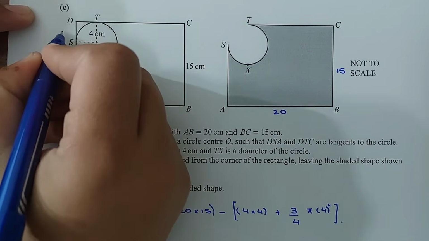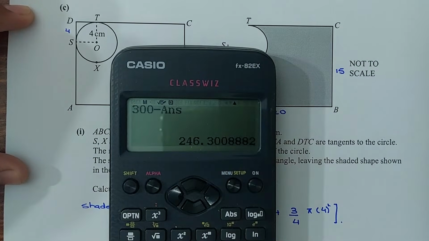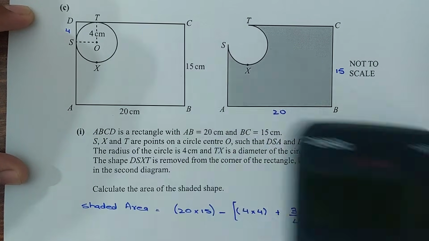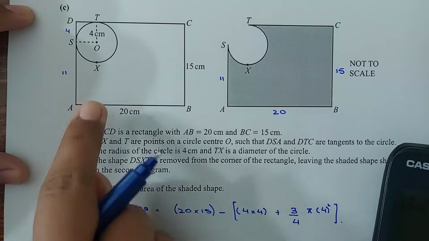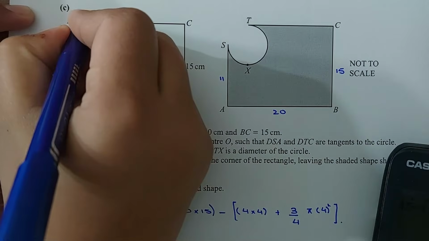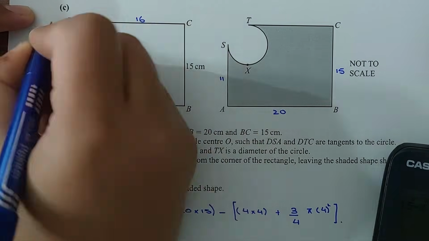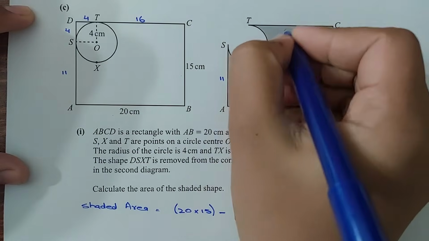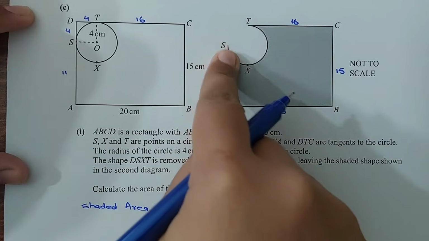So this is 4 and this is something to make 15, so 15 take away 4 is 11. This side is 11, and from 20, this side is 4, so this should be 16. Now we have to find TS.